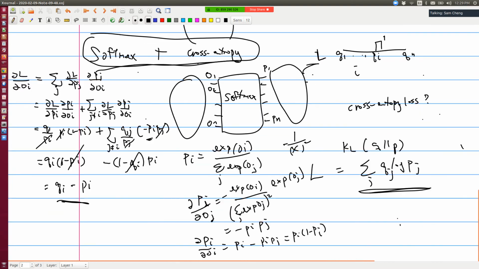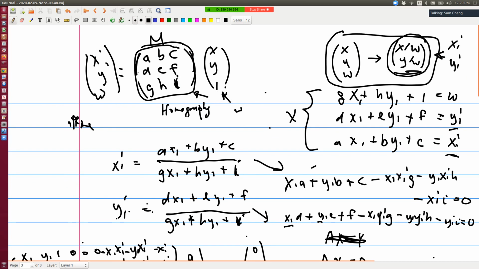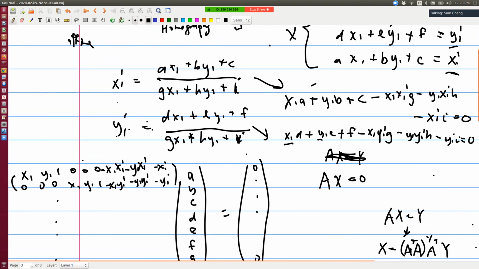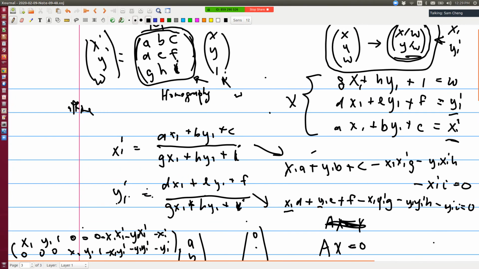And then I have coordinates. Let's say I have x1, y1 mapped to x1 prime, y1 prime here. Generally you see that my x1 prime should satisfy this equation.